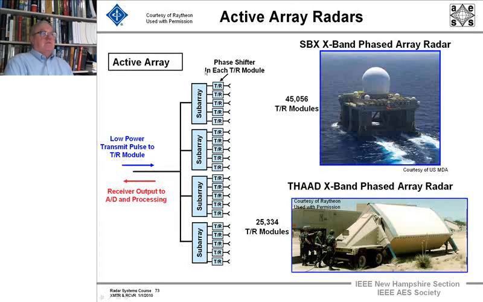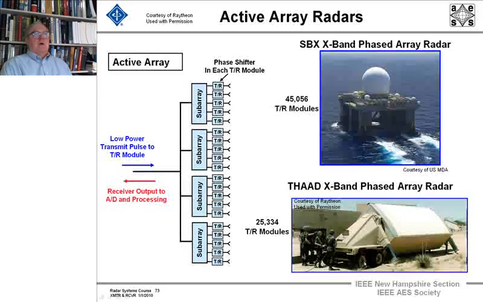Each phase shifter is in a TR module. So we're doing the phase shifters and the transmit function and the receive function with this kind of an active array here. And the receiving functions go right back the same. And they're going to be low power, obviously, and they're going to go into the A to Ds and processing.